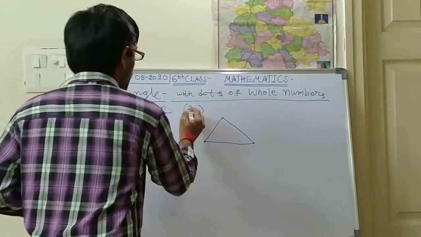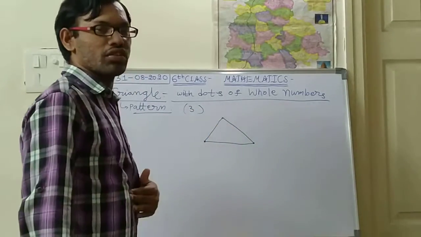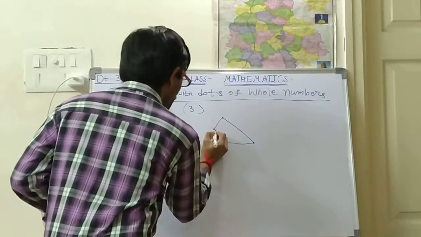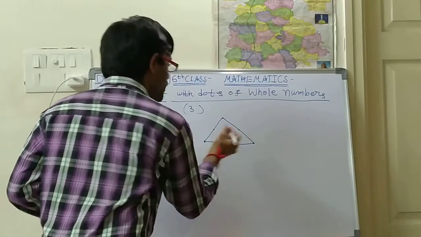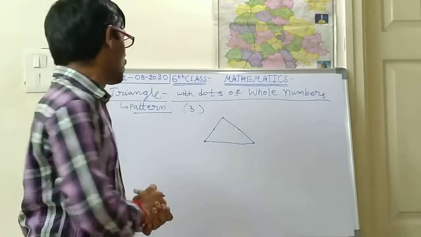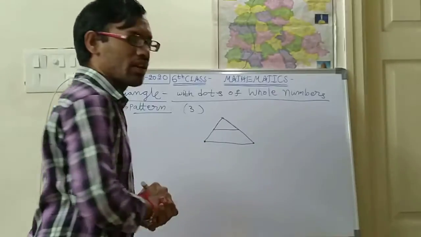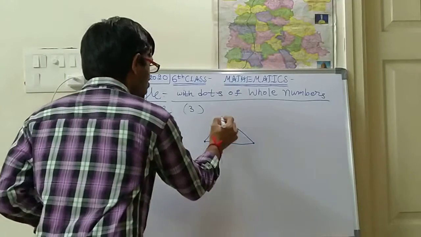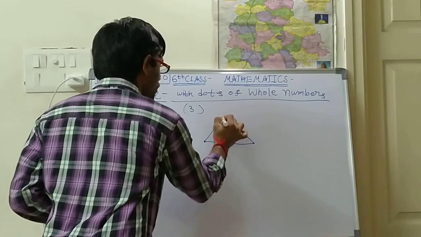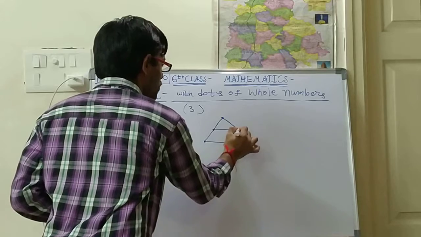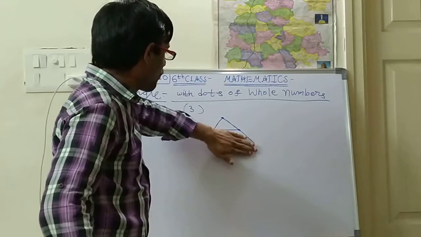With the three dots we can form one, and if I keep another two dots here, another triangle will come. This is also one of the triangles, if you just take this vertex and this vertex.